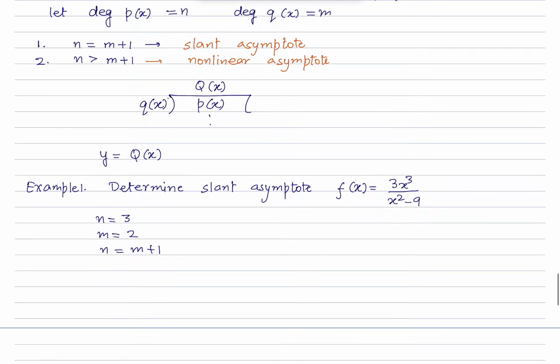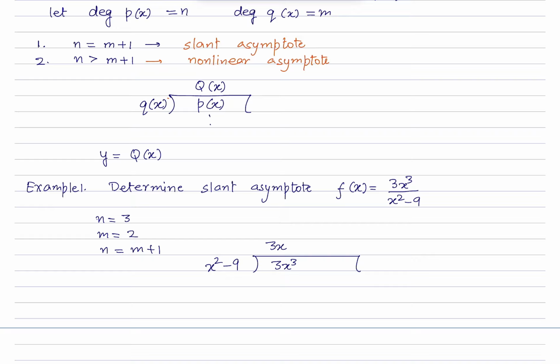To find the slant asymptote, we will divide our numerator by our denominator. So the first step was divide. So 3x cubed divided by x squared gives us 3x.